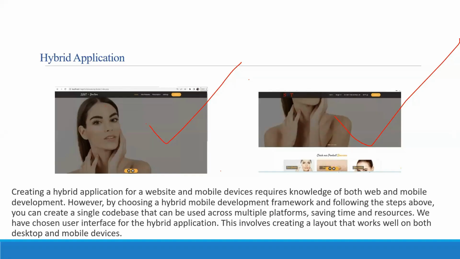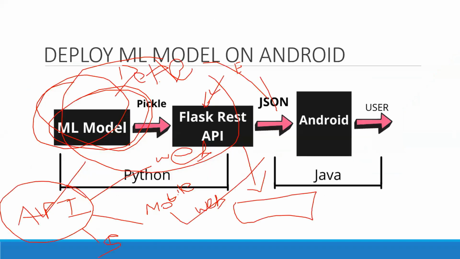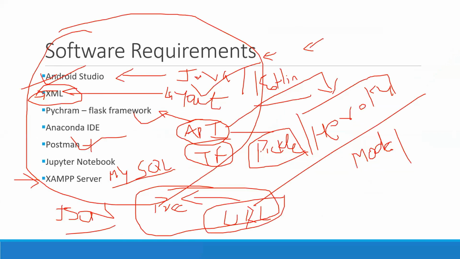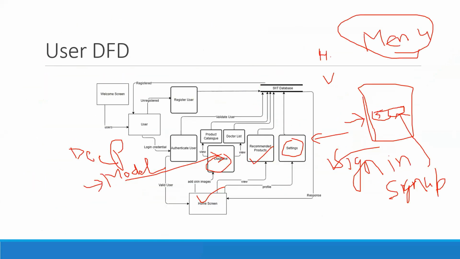We have seen this. Going back to this DFD, it is the same process, but I have done it in my mobile application. Having these options: authorization, diagnose, recommended product.